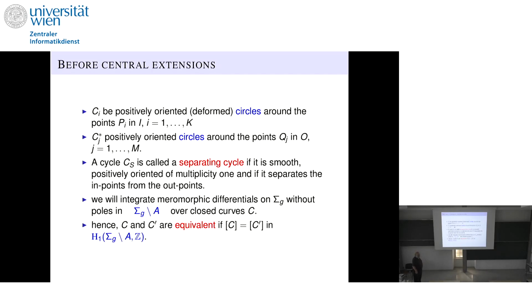Sorry? A cycle is, you see, you have this, this is a curve, you see, which ends again, a starting point is the end point, okay? It can have more components. No, it could have more components.